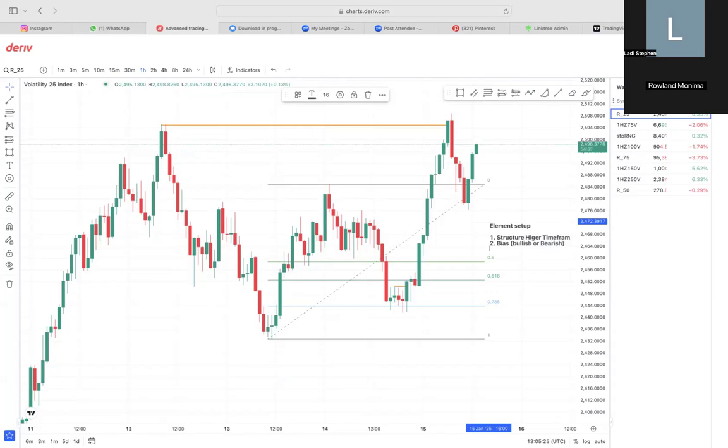Once you have that, we are bullish or we are bearish. Next, you take out your Fibonacci tool. Bring out your Fibonacci tool. I'm giving you the step by step. And you establish your PD arrays.